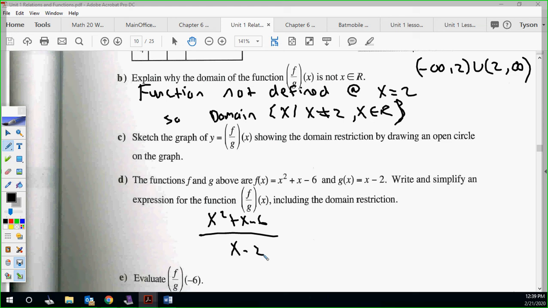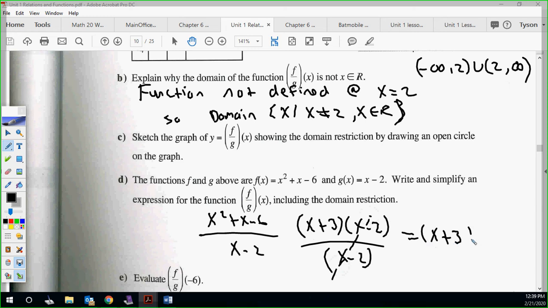Here's the interesting part. The top factors to that. And so what happens is this cancels, leaving x plus 3. That's the line that's there above. But we didn't put the line, did we?